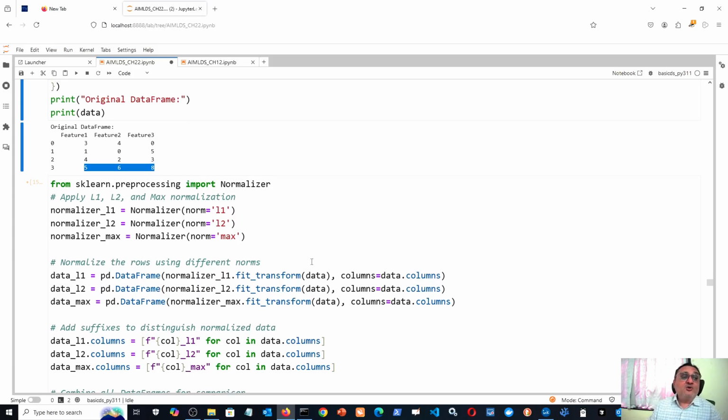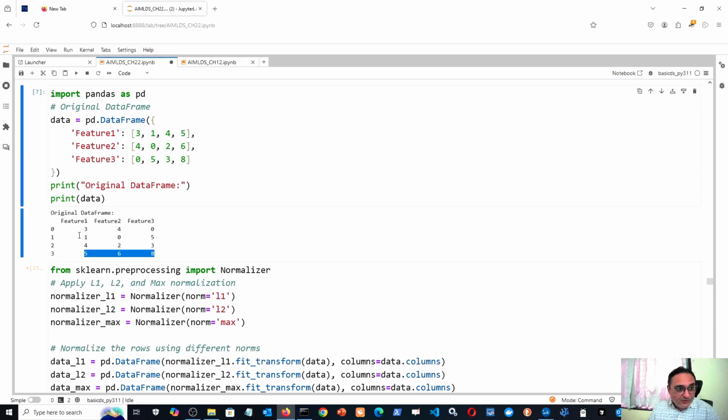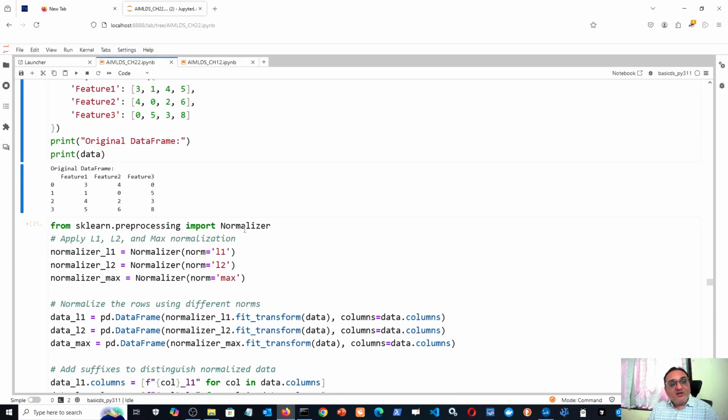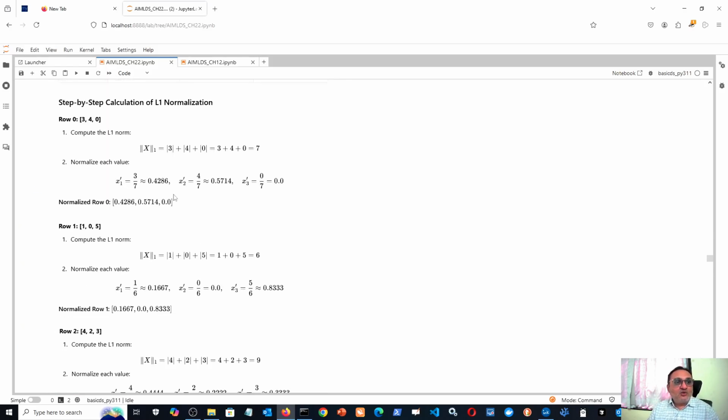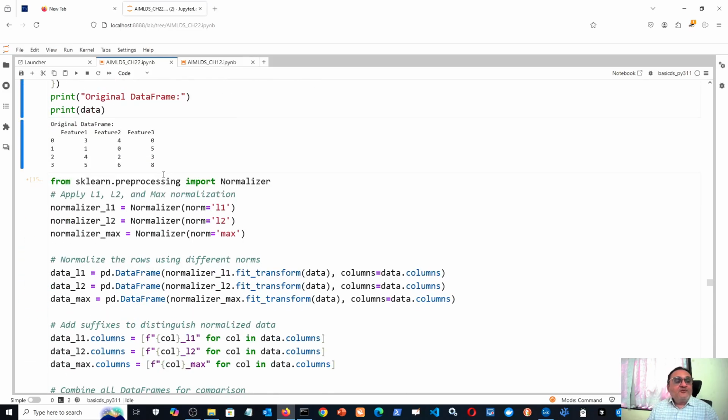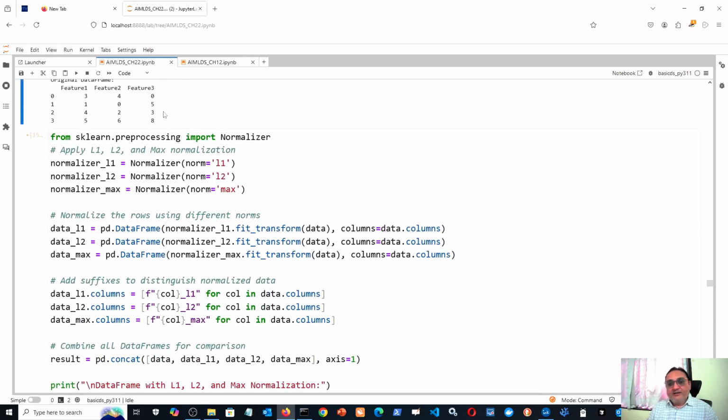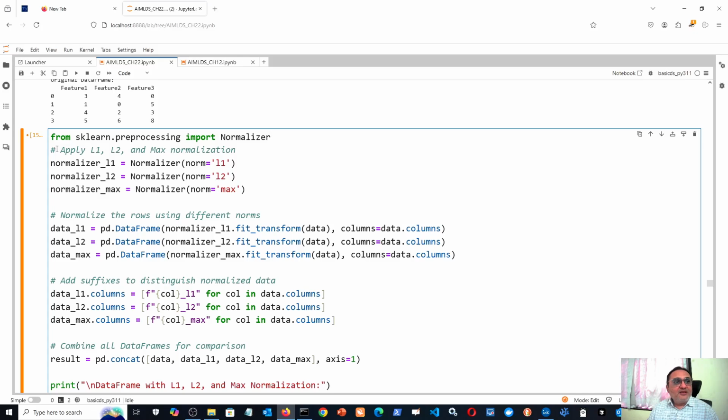Now I want to find the L2 normalized value of all these observations, the L1 normalized value also, and the max normalized value also. So will I do all these lengthy calculations? No. I just import Normalizer from sklearn.preprocessing. The next step would be the normalizer object. You will define it with each different type of normalization. So the normalizer L1 object is created with Normalizer in brackets norm equals L1.